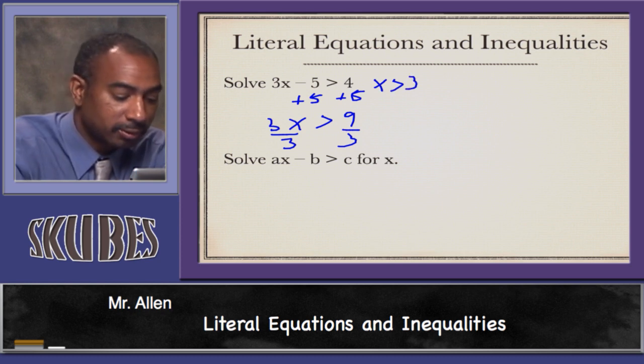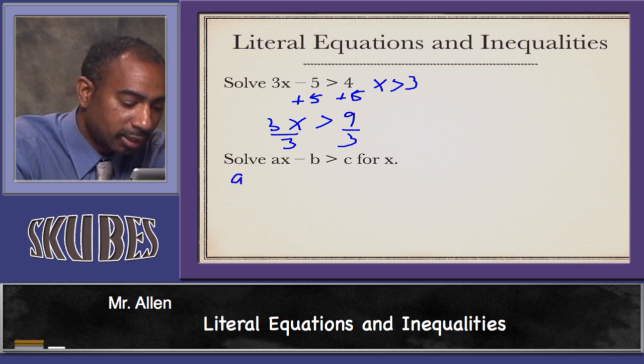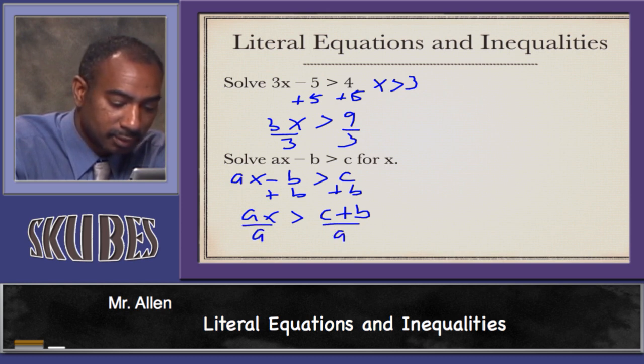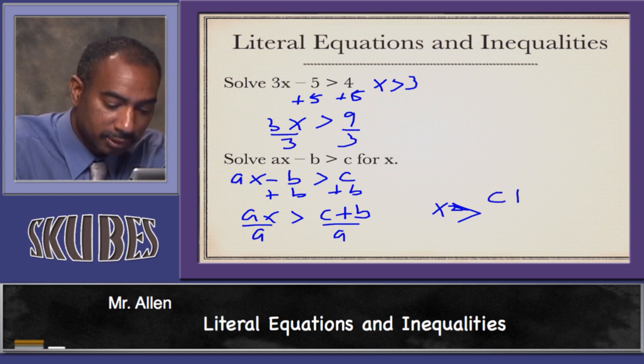If you were to solve this in general, you got ax minus b is greater than c. You add b to both sides. So you got ax is greater than c plus b. And you divide both sides by a. So what you have is x is greater than c plus b over a.